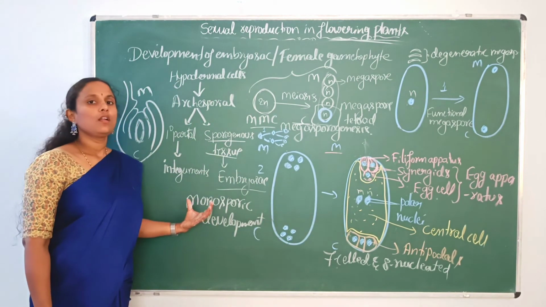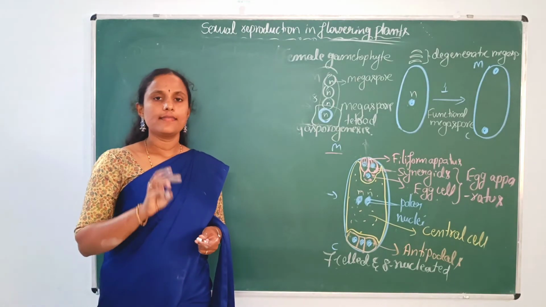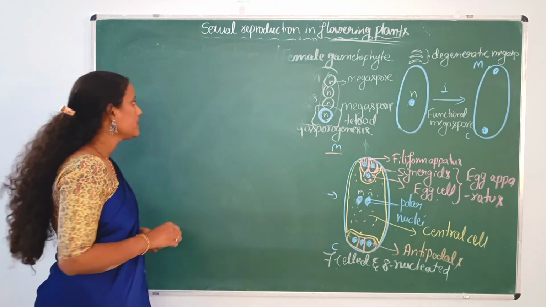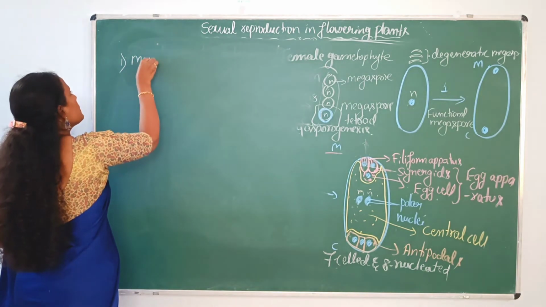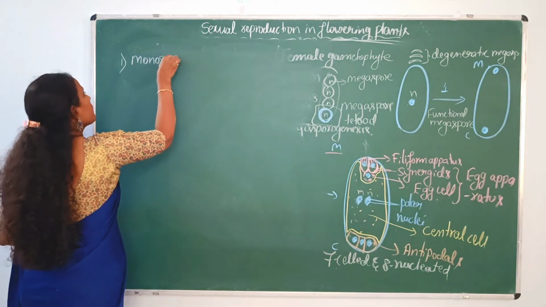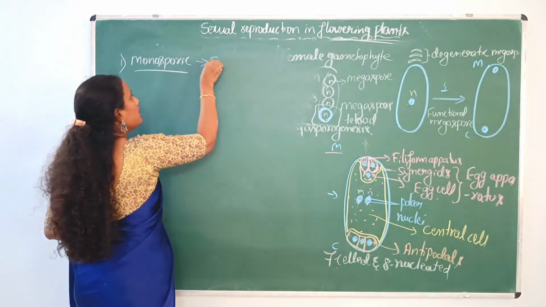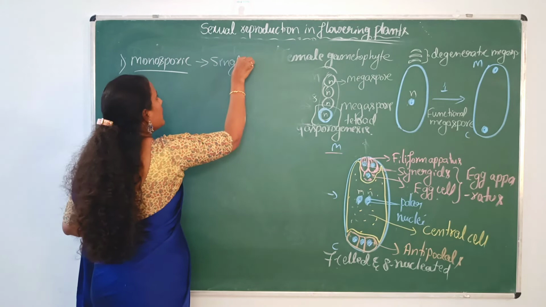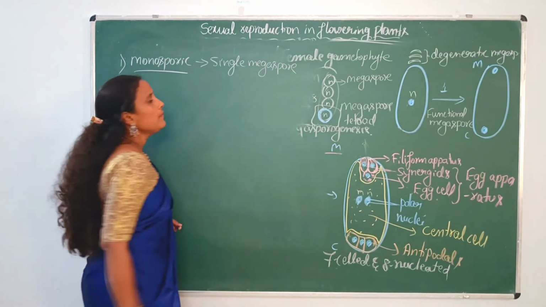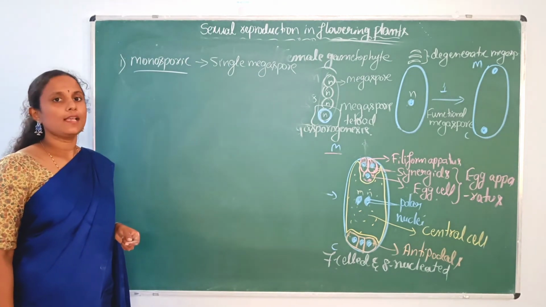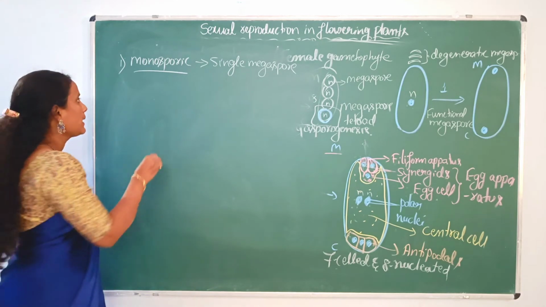Let us take up now the types of embryo sac. There are 3 types of embryo sac. First one, as we discussed earlier, monosporic. Monosporic means it develops from a single megaspore. Again, in monosporic there are 2 types.